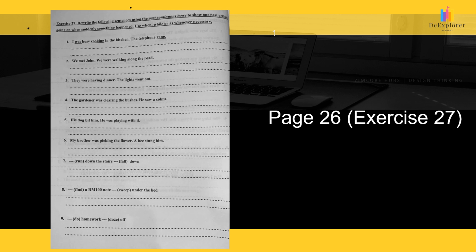On top of those words, one past action going on. 可以写在上面 one past action going on 就是正在那时候正在发生，写 was were 加一个 ing. Okay, was were ing, was were cooking, was were running, was were whatever. Okay, so just write was were 加 ing.